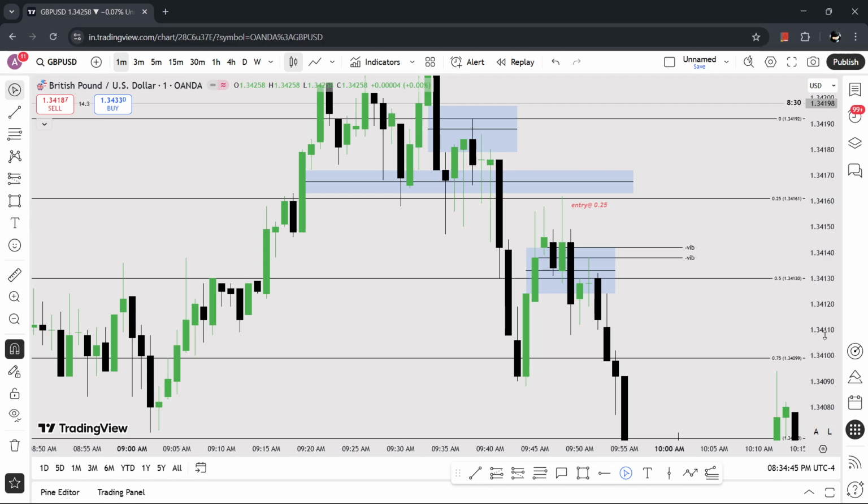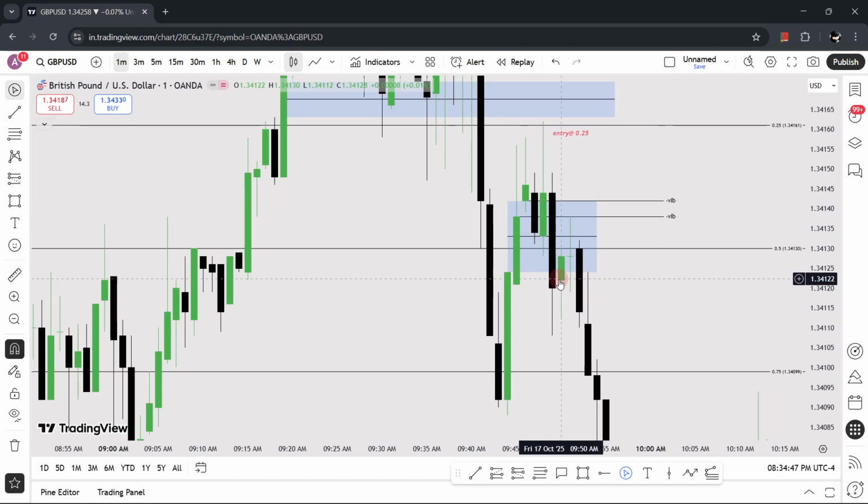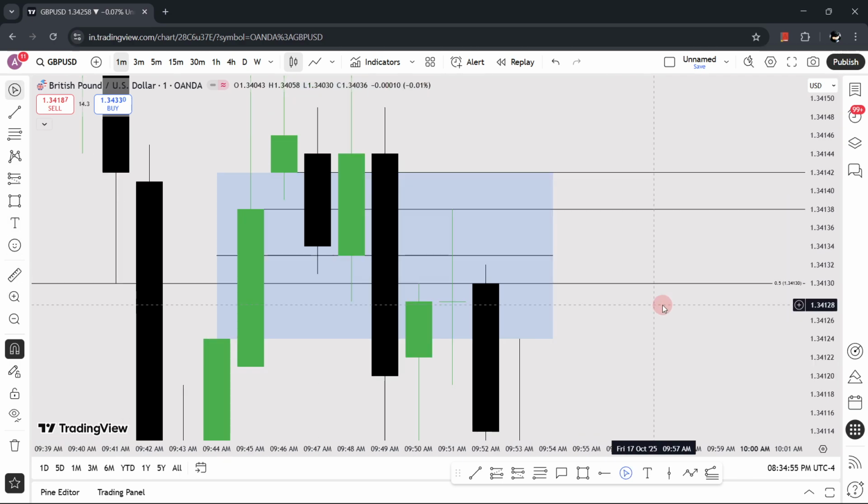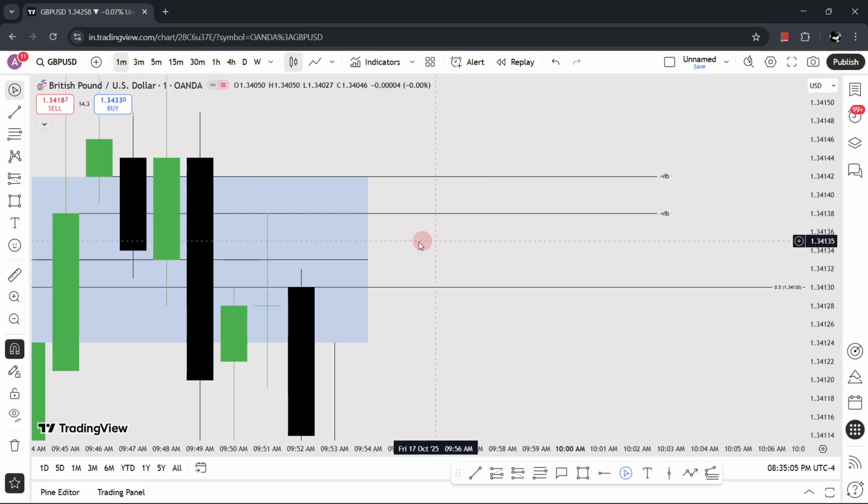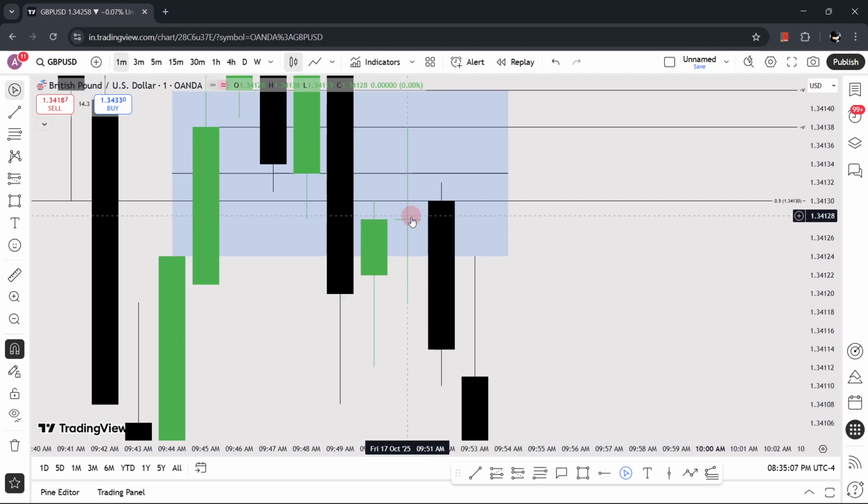It went to that 1 minute inverse fair value gap and the bodies, and the next candle went perfectly to that volume balance, right? You can see a tick or a small portion of it inside the volume balance, and it crossed right below this.